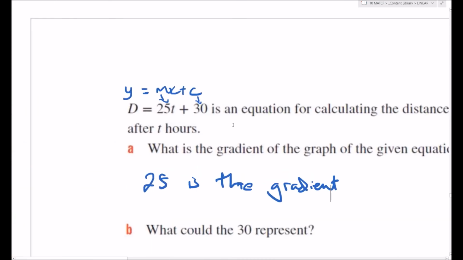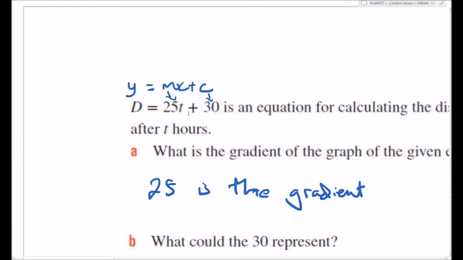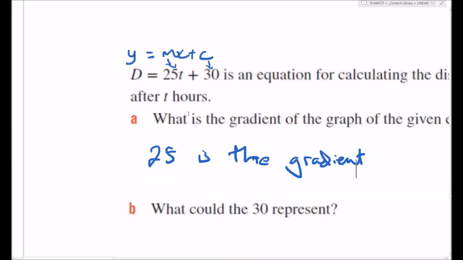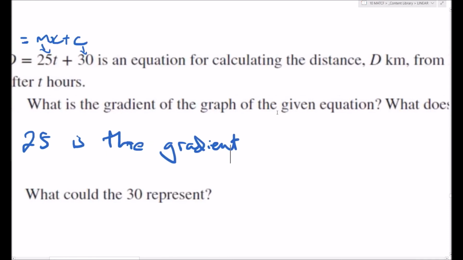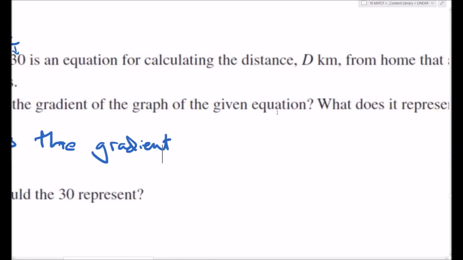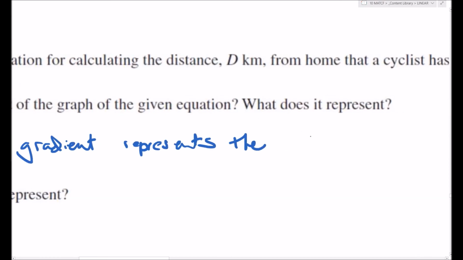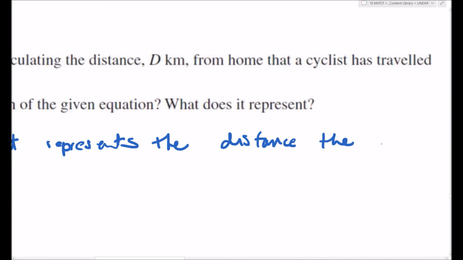So that 25, with the t, is the gradient, and it refers to the distance this person travels per hour. So the 25, the gradient, represents the distance the cyclist travels per hour.